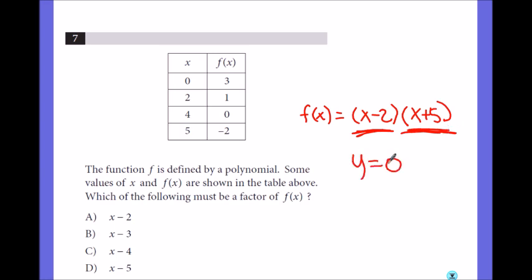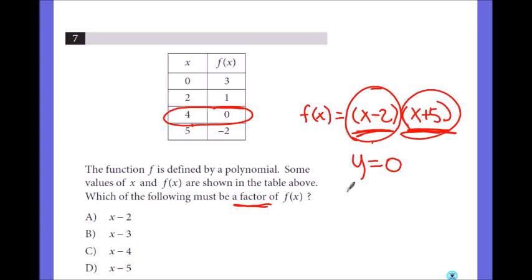So for this type of question, you will see a lot of questions like this on the SAT. You're looking for the factor, right? When it asks for a factor, you're looking for the zeros when y equals 0. So here, 4 is a factor, meaning how do you get 4? It can be x minus 4, right?